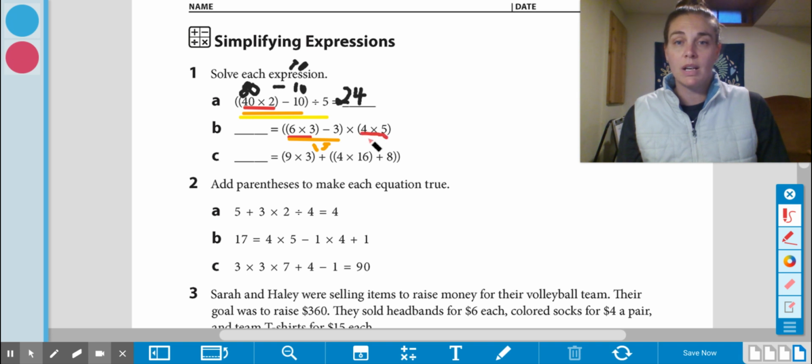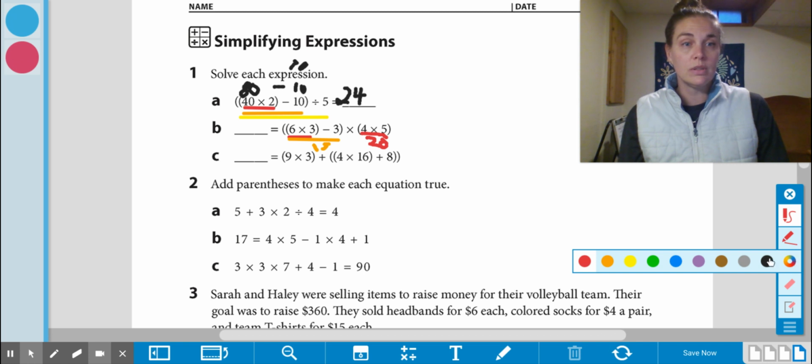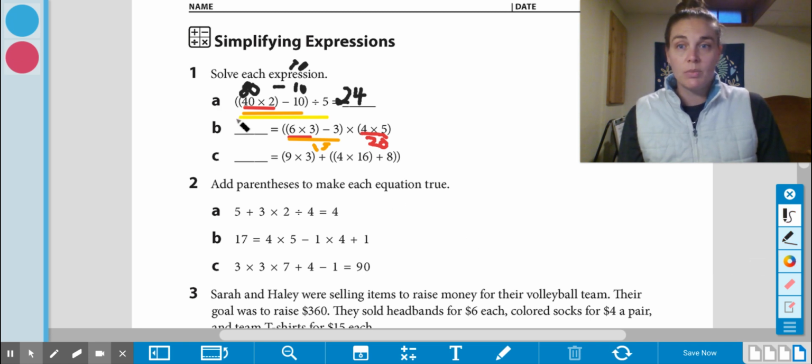So 4 times 5 is 20. So I'm left with multiplying 20 times 15. Well, I know that 15 times 2 is 30. So if I multiply that by 10, I end up with my answer of 300. So hopefully that was also the answer you were able to get.